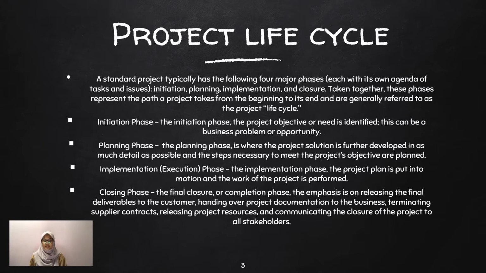Planning phase. The next phase, the planning phase, is where the project solution is further developed in as much detail as possible, and the steps necessary to meet the project objective are planned. In this step, the team identifies all of the work to be done.